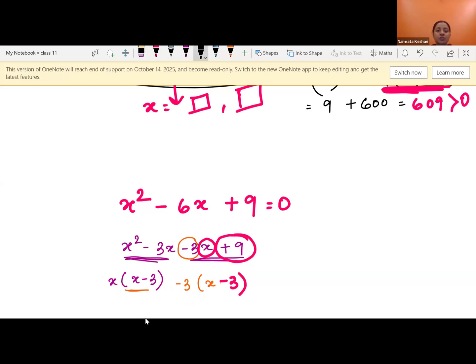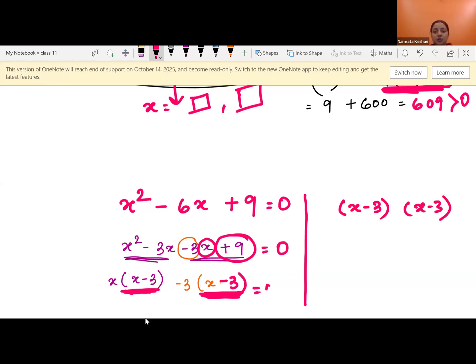We always check these two brackets are exactly same or not. If these two brackets are exactly same, then only we can assure ourselves that yeah, we are on the right track, right? Okay, now one bracket is x minus 3, another bracket is x minus 3, and we were solving a quadratic equation, so equals to 0, here also equals to 0.